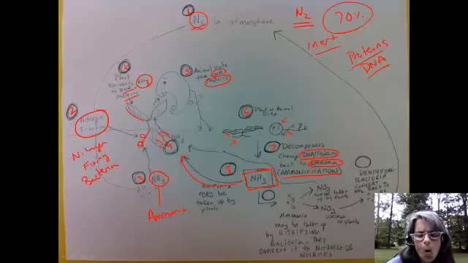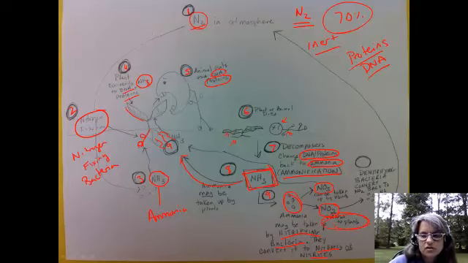Or this ammonia can get used, here's 9, by other bacteria in the soil called nitrifying bacteria. And what they do is they take this ammonia, that's really pretty nasty stuff, and they convert it into something called a nitrate, which is this, NO3, nitrate, or to other chemicals called nitrites, NO2.